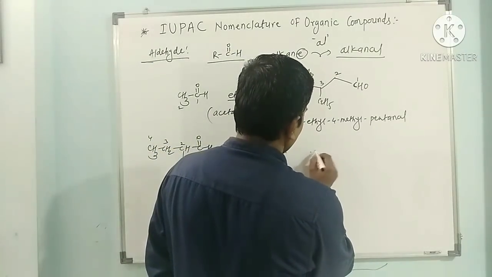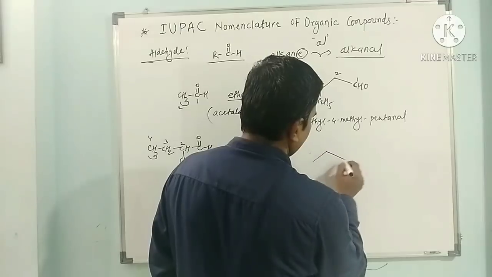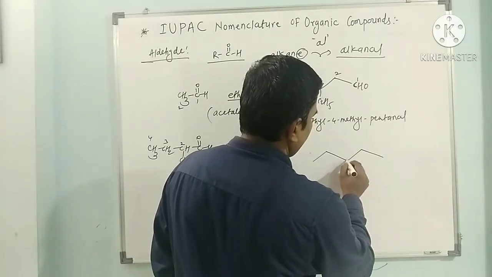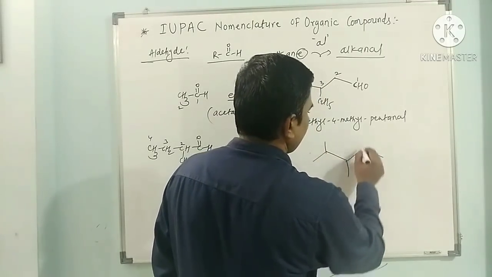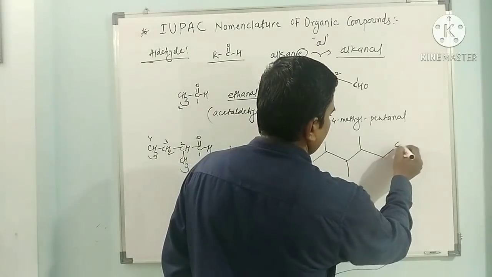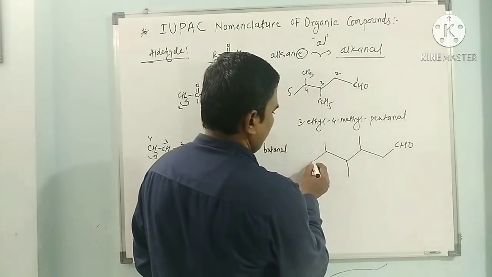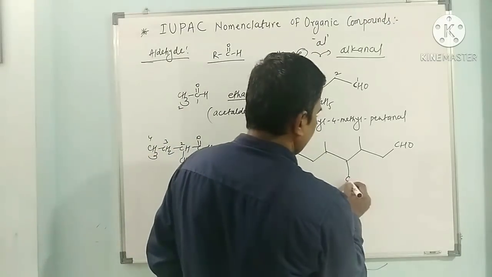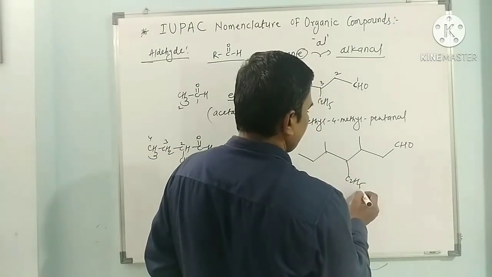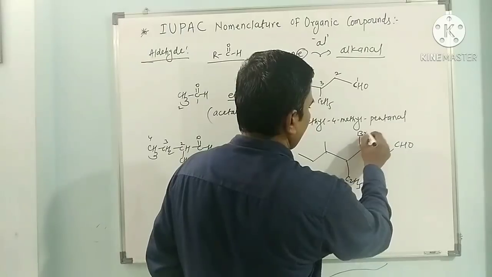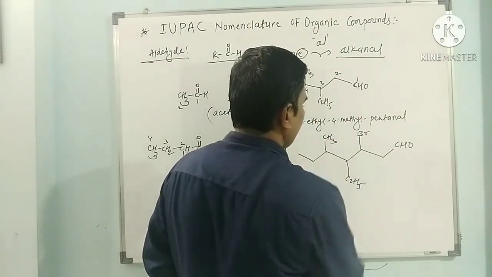If I have examples such as, we can attach any group here, here, CHO, here this is C2H5, here there is Br, here there is methyl.